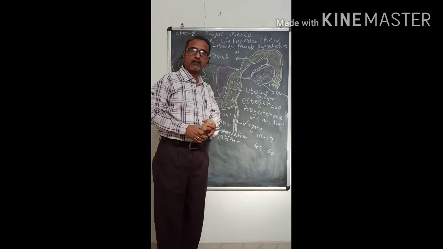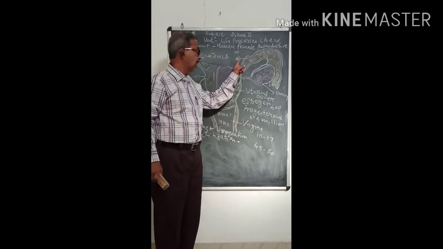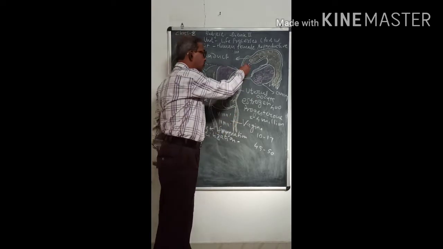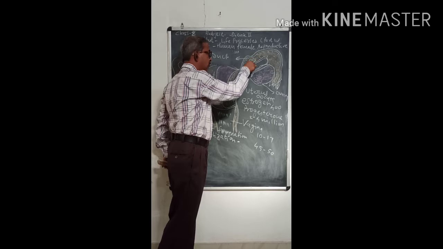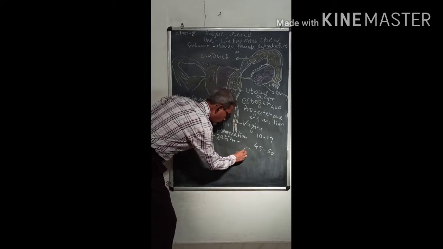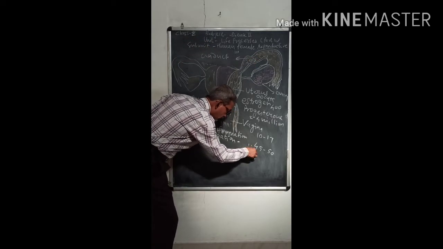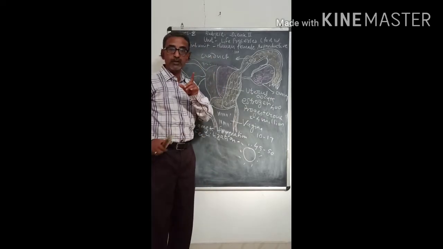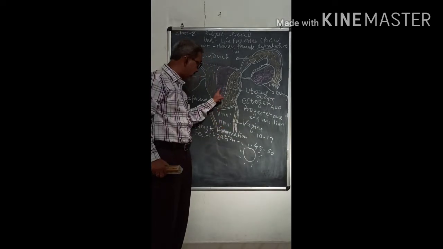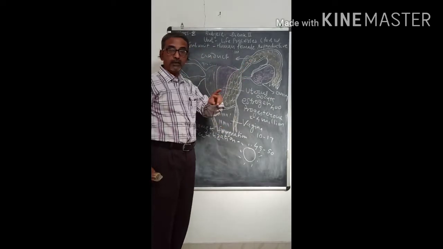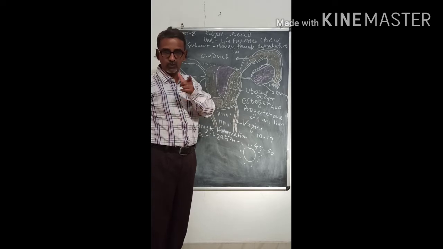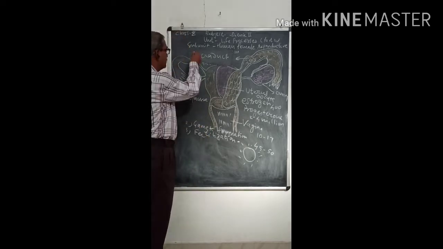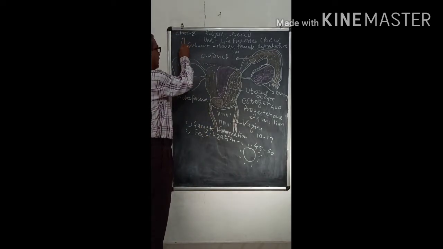These sperms are millions in number. They are released here, and there is only one oocyte and a large number of sperms. The sperm travels with the help of flagella. We have seen that each sperm has a head and a tail.